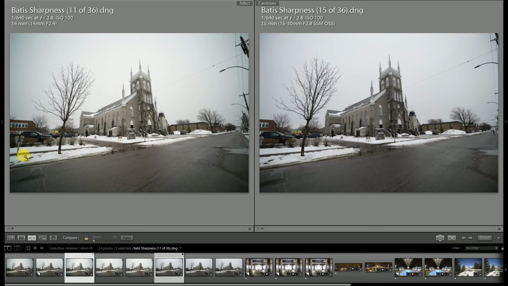Okay, so now if we put the Tamron next to it, both of these lenses now at f2.8, we get an apples to apples comparison. A couple of things to note. Of course, at 14 millimeters, the Rokinon frame is a little bit wider, as you can see, than the 15 millimeters on the Tamron.